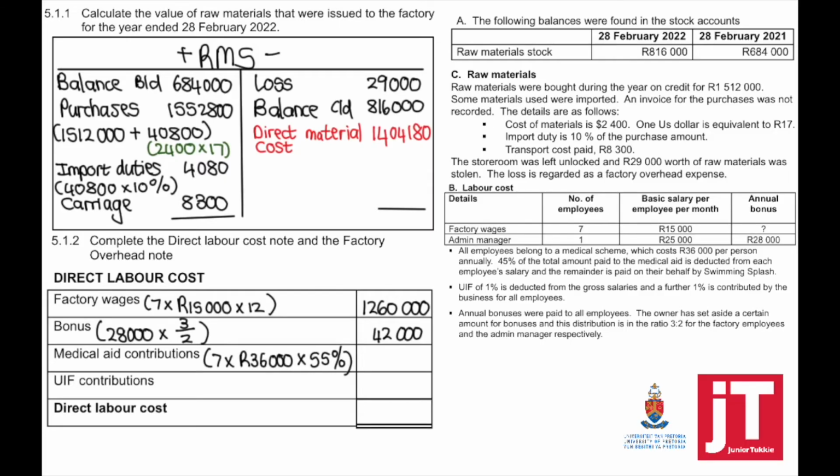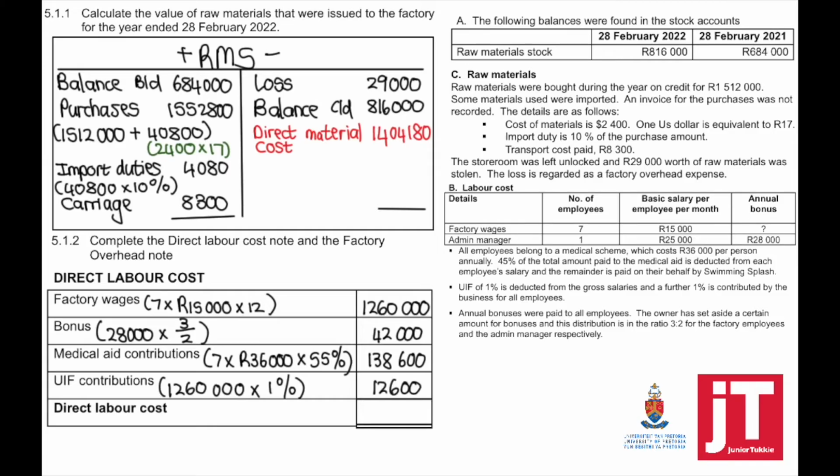The medical aid contribution, there's 7 employees, 36,000 is paid over per employee, per person. And the business, if 45% is paid by the employee, it means 55% of that amount will be paid by the business. That equals the total medical aid contributions.